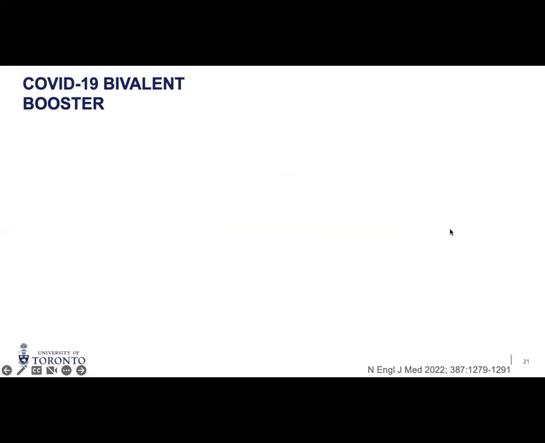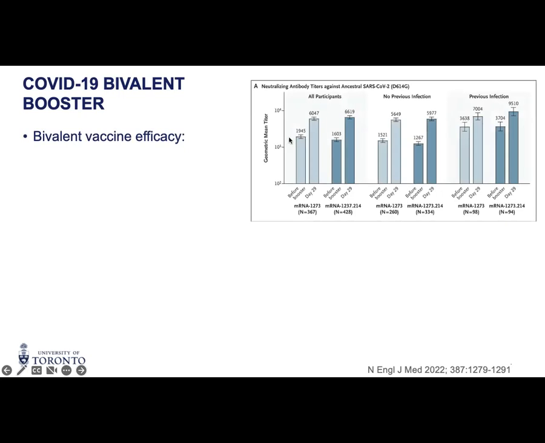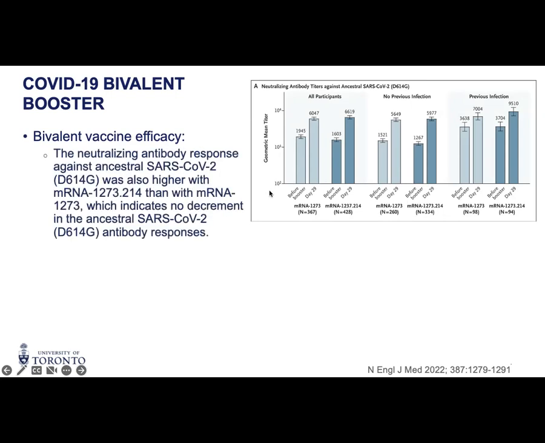In terms of their results for efficacy, panel A shows the level of neutralizing antibody titers against the Wuhan-1 ancestral strain. The level of antibodies against the Wuhan-1 ancestral strain was higher with the bivalent vaccine than the monovalent vaccine in those with no previous infections, and those who had a previous infection, which indicates that there were no decrements in the ancestral SARS-CoV-2 antibody response.